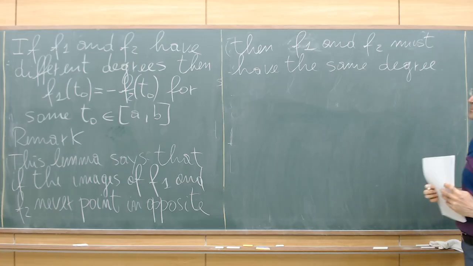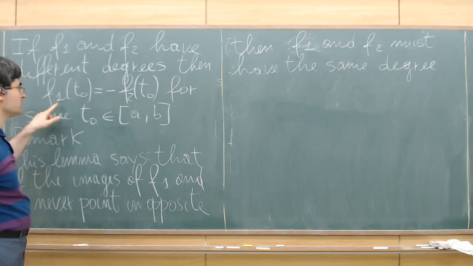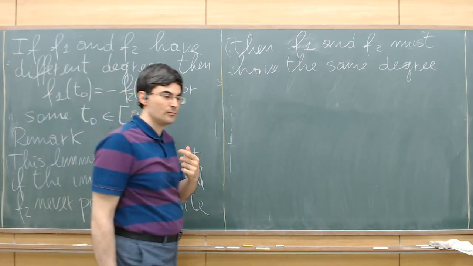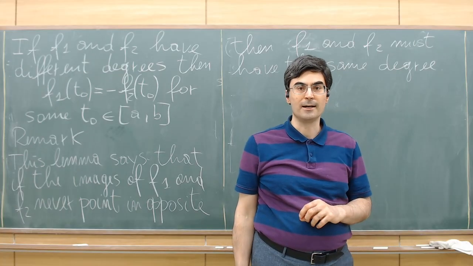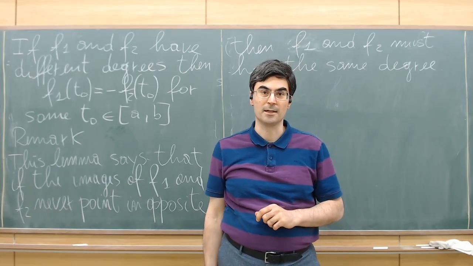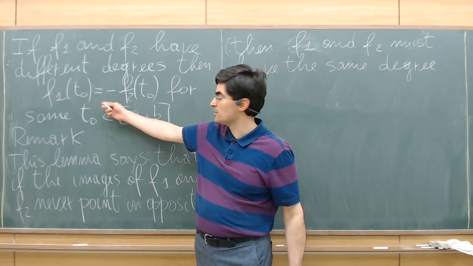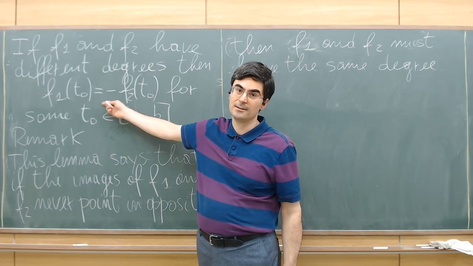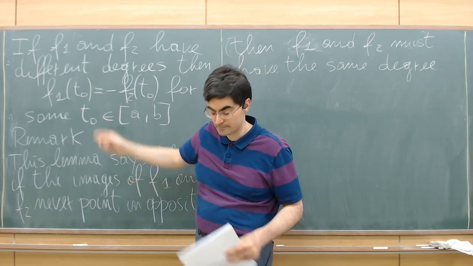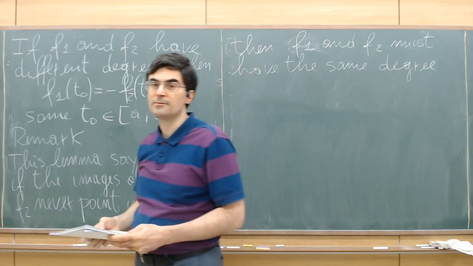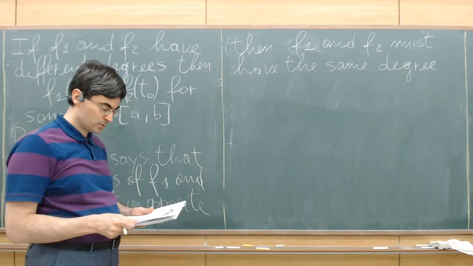So in other terms, if we have one function f1 and you create f2 by slightly deforming f1, if this condition is never satisfied, then you get that f1 and its deformation have the same degree. We will use this fact in the proof of the Hopf theorem and the Jordan theorem.